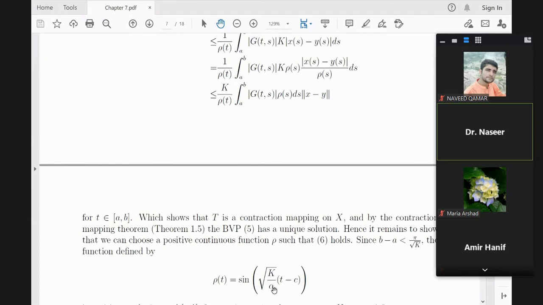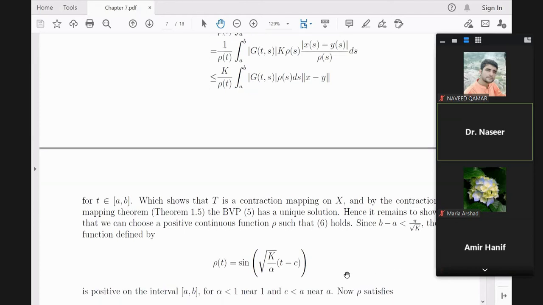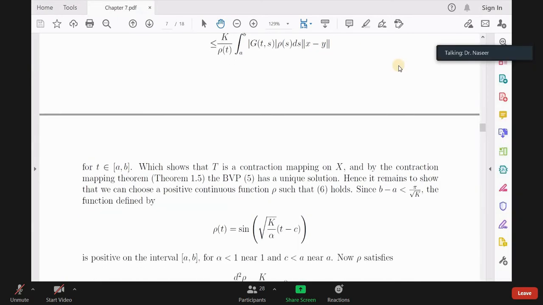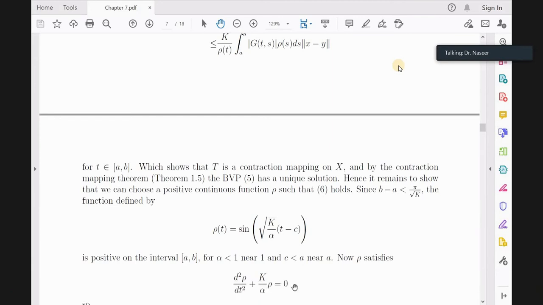Also, you can see rho(t) can be chosen in this way. Rho(t) is sine of square root of k over alpha times (t − a), which is some constant less than a. So rho(t) is a solution of this differential equation: d²rho over dt² plus k over alpha rho is 0.